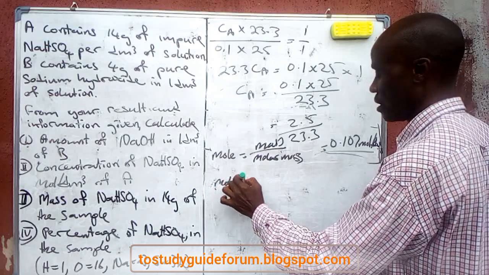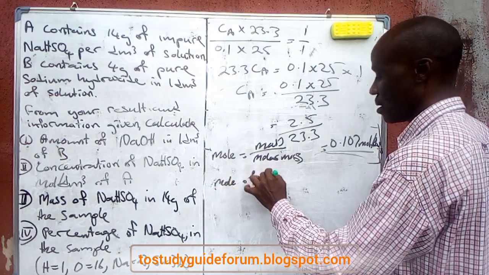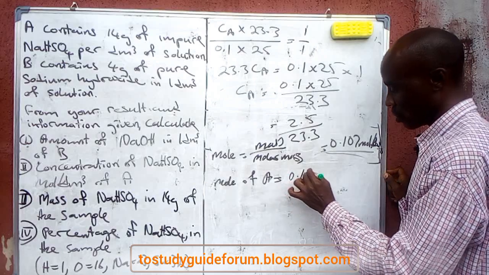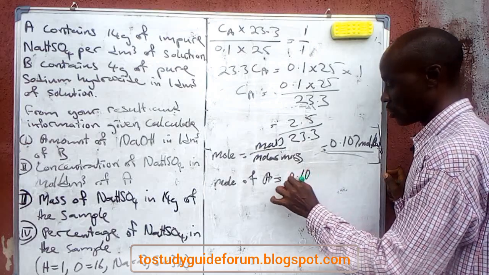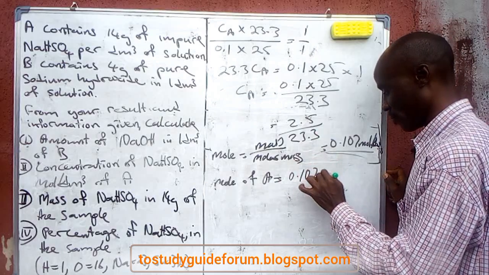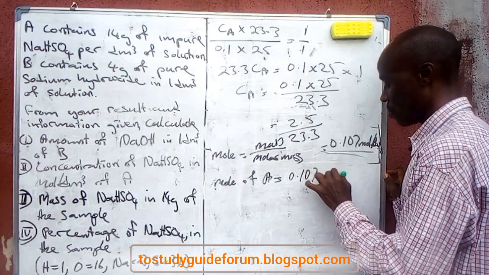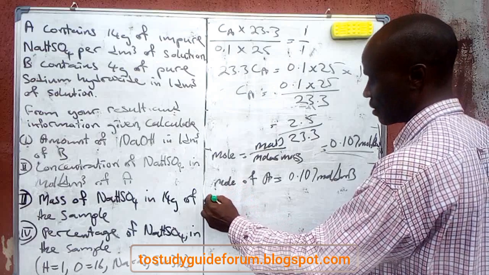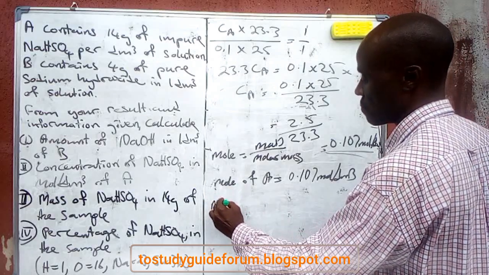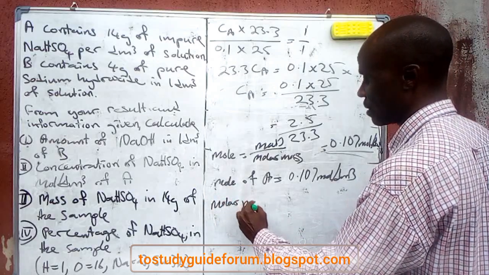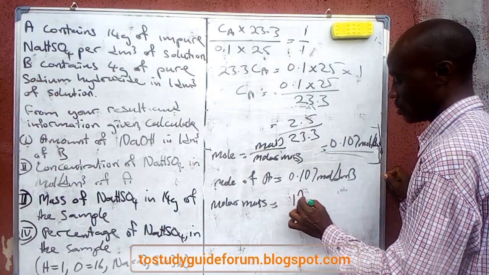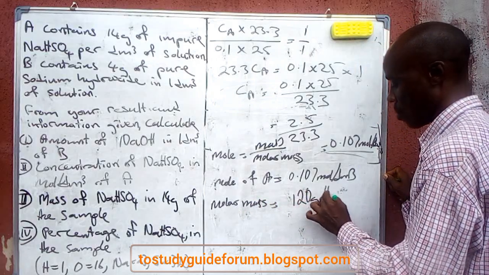The mole of A is 0.107 mole per gm cube, and the molar mass is equal to 120 gram per mole.